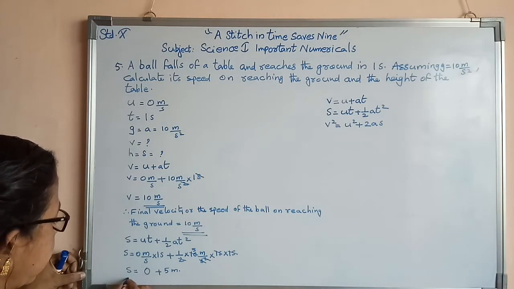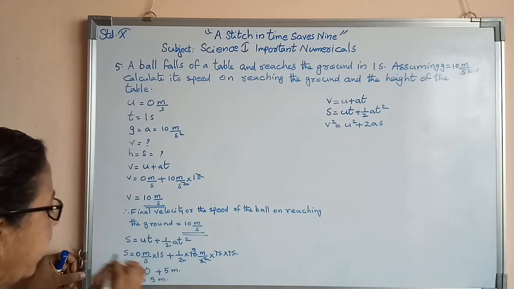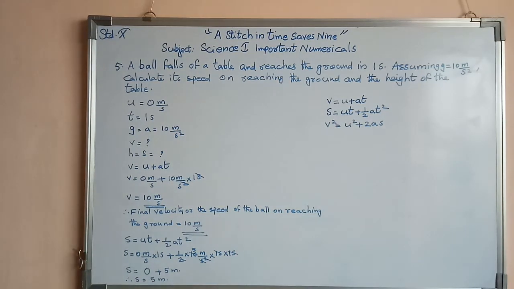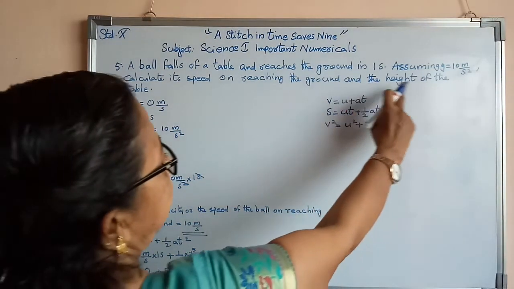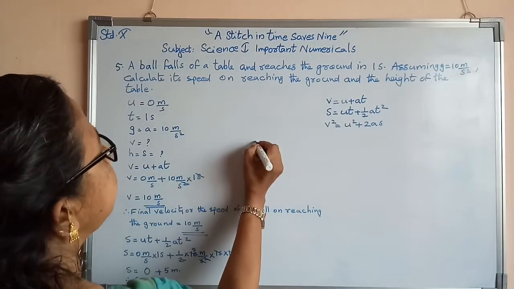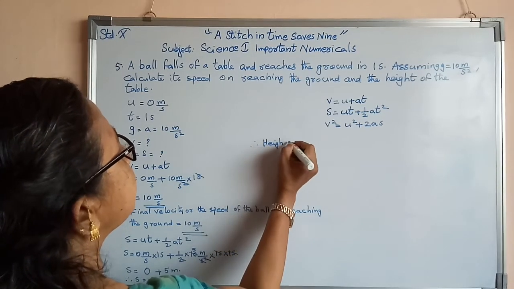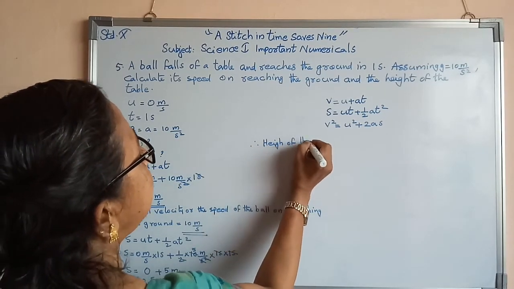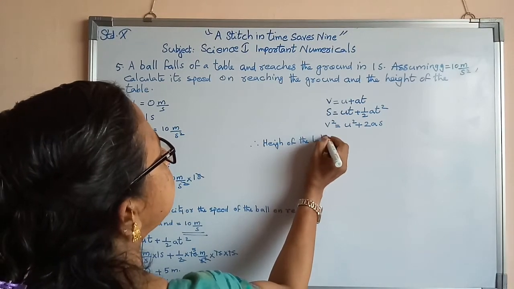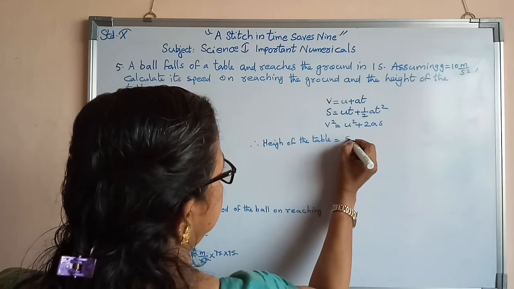So therefore s is equal to 5 meter. Then what is the question asked here? What will be the height of the table? Therefore we can write, height of the table is equal to 5 meter.